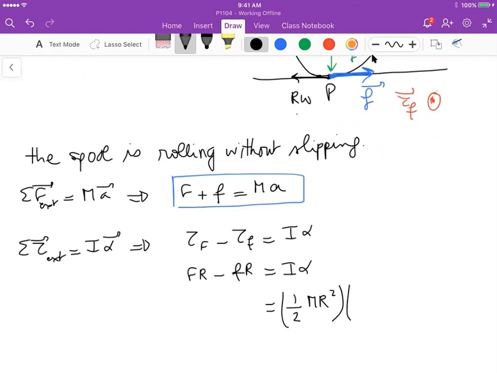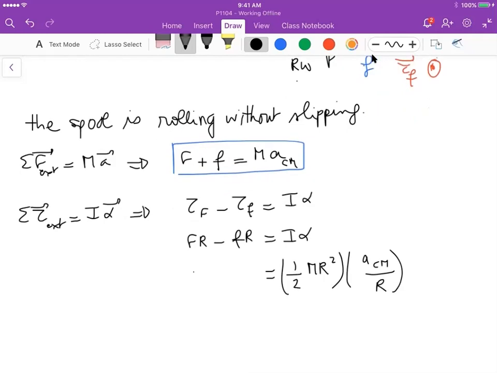Then for alpha, we replace alpha by the acceleration of the center of mass divided by r, because we have rolling without slipping, and we have seen in our course that for rolling without slipping the condition is that a center of mass is equal to r alpha. So alpha is equal to a center of mass over r.